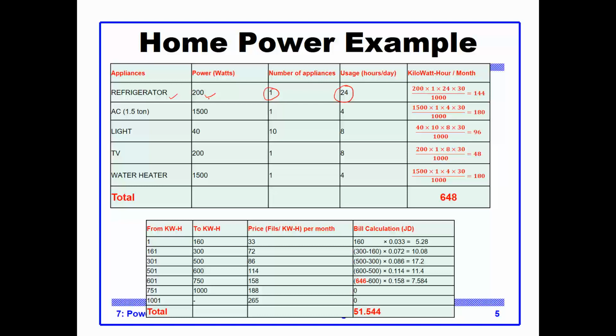In this case, if we multiply average power by time, we will get the energy. So if we would like to get the energy per day, I have one device which consumes a power of 200 watts, times 24 hours.